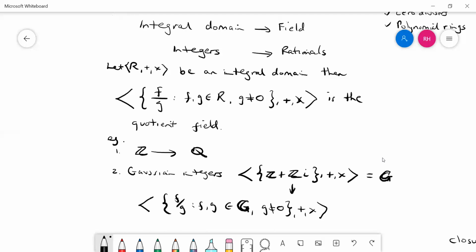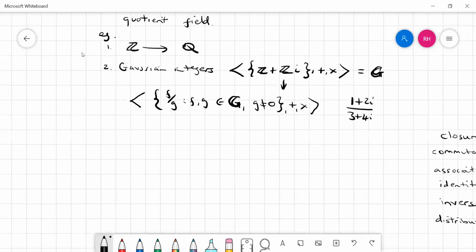Here we might be thinking of, say, 1 plus 2i on 3 plus 4i. That's a very natural way to go from the Gaussian integers to this field of fractions.